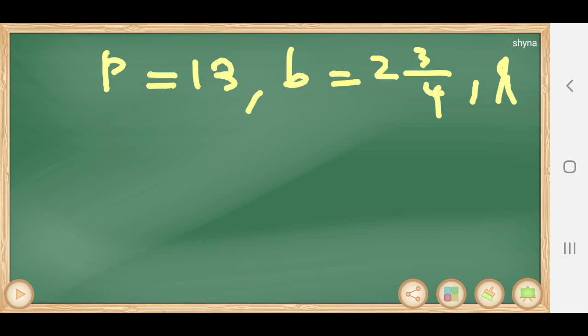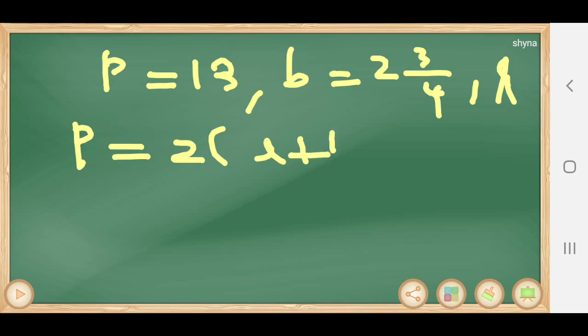Perimeter of a rectangle. What is the perimeter of a rectangle? Perimeter P equal to 2 into (L plus B). That is the equation. You all know that. Perimeter equal to 2 into (length plus breadth). Perimeter is given and breadth is also given.